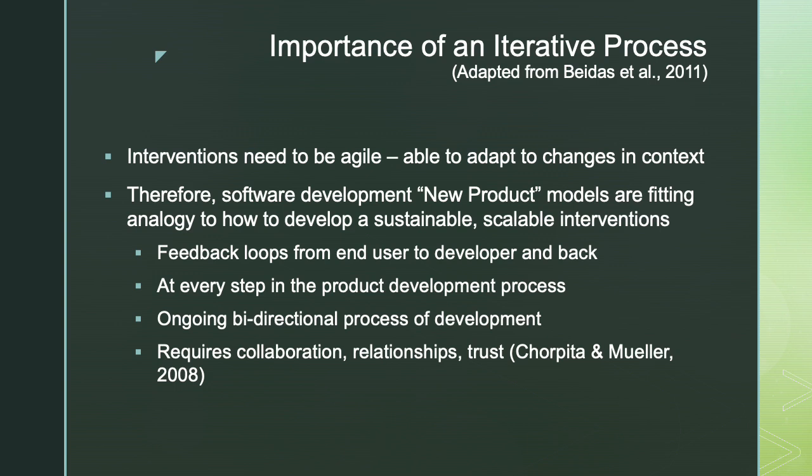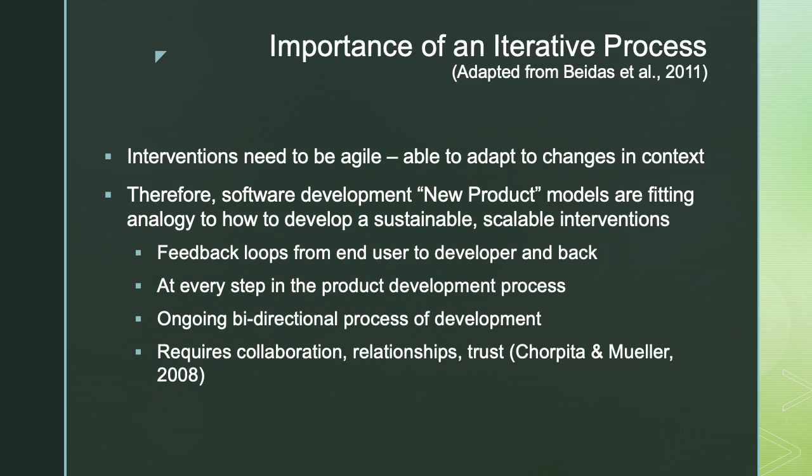At every step in the iterative process, and I'll tell you about those steps in just a minute, you're going to enact these feedback loops as many times as you need to until it's good enough to go on to the next step. Each part of the iterative process usually requires an ongoing bidirectional back and forth in its development, requiring collaborations, relationships, trust, whether it's university community partnerships, healthcare, working with community practitioners, or even within an organization.